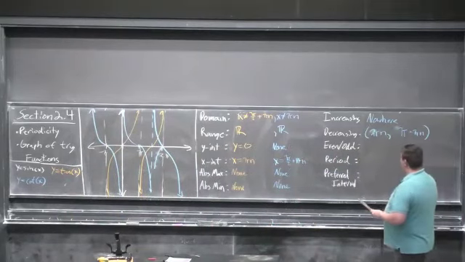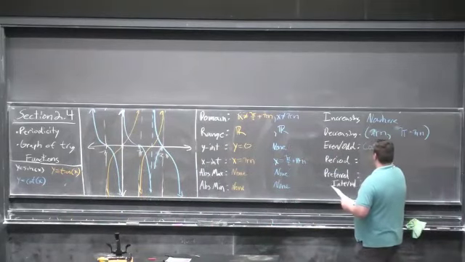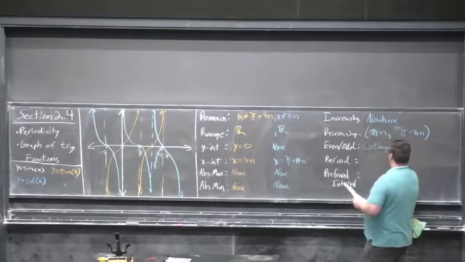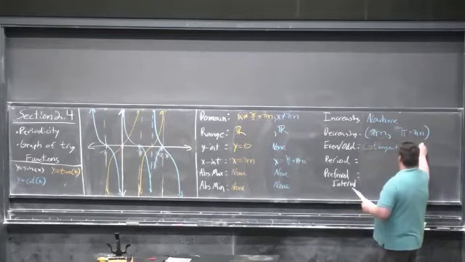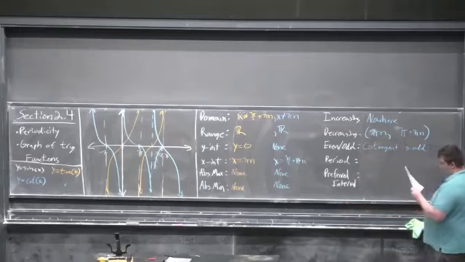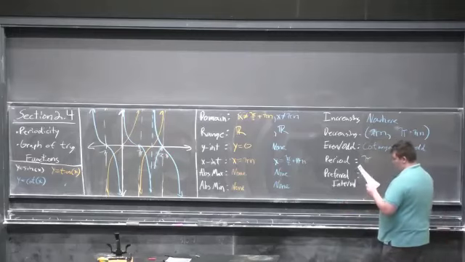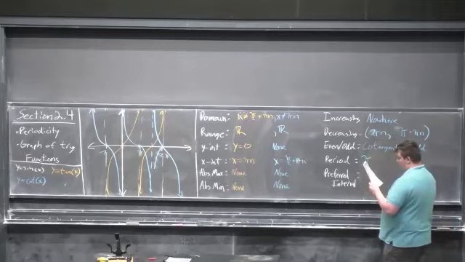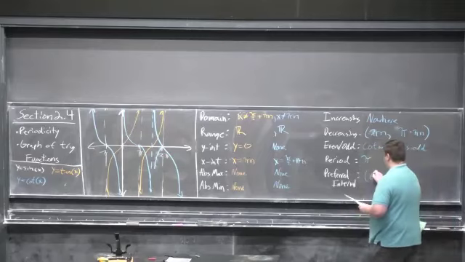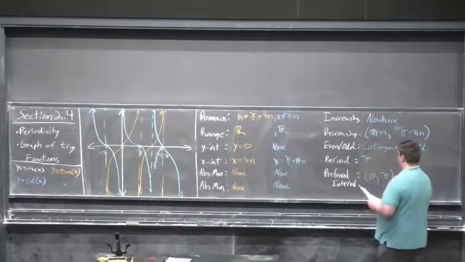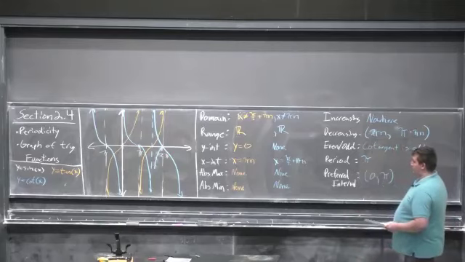Is it odd or even? Cotangent is odd. My period is again pi. And my preferred interval is from 0 to pi exclusive.